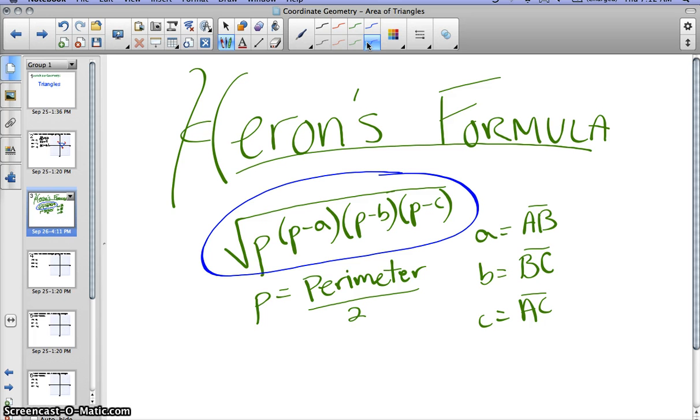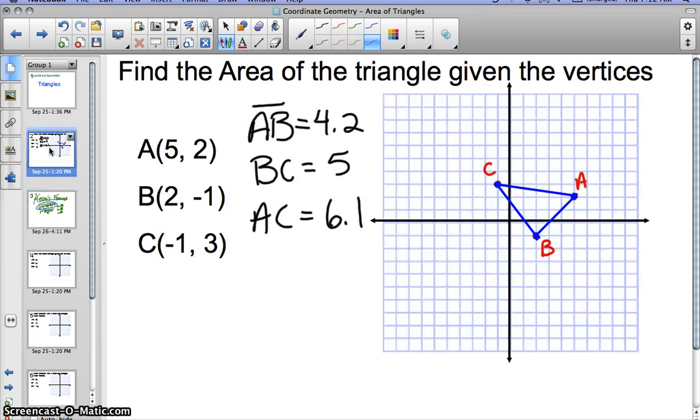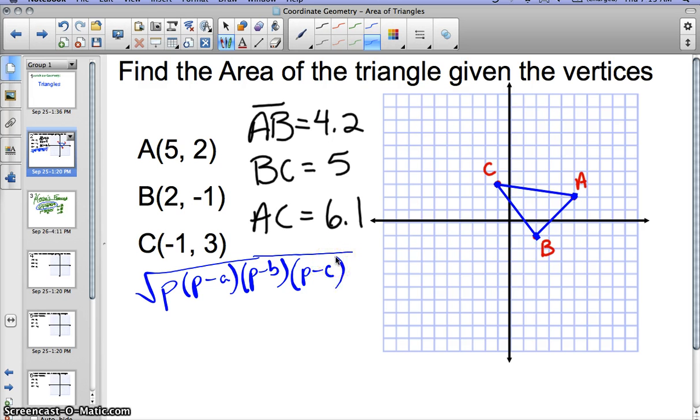Alright, so here we go. Back. I'm going to write down my formula, where we have the square root of P times (P minus A) times (P minus B) times (P minus C). So first thing we need to do is identify our perimeter, or P. We need to add up all of our side lengths.